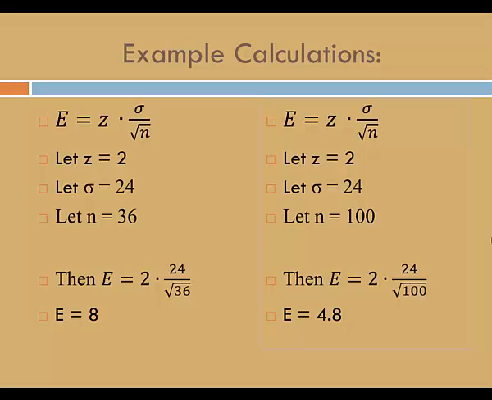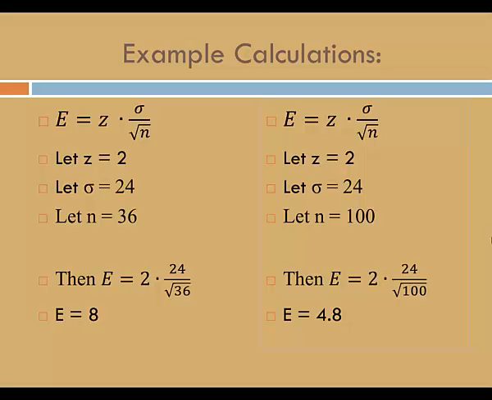In the example on the right, we see the same critical value of z, 2, the same population standard deviation, sigma, which is 24, but the sample size has increased to 100. To calculate E, the margin of error, we multiply 2 by the quotient of 24 and the square root of 100.